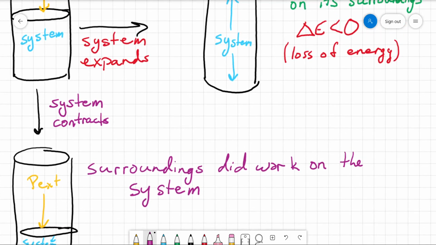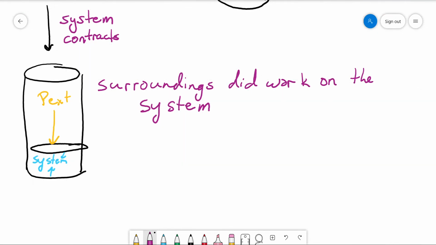So what does that mean? Well, that means that delta E is greater than 0, okay? Because the system gained energy this time, so delta E is positive. The system gains energy.